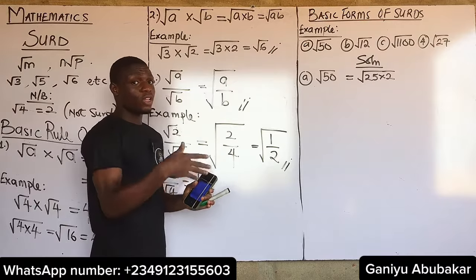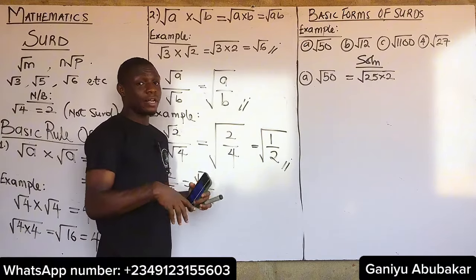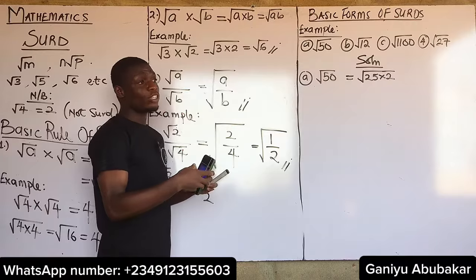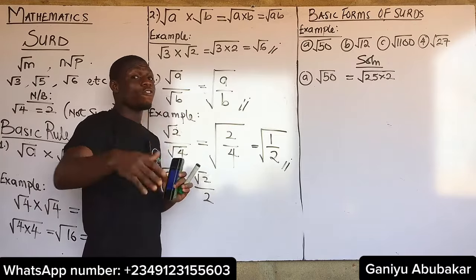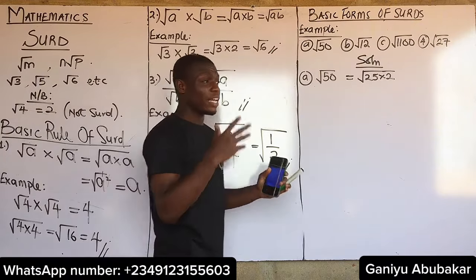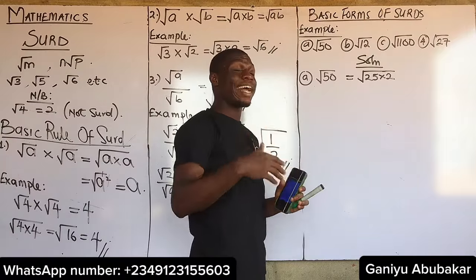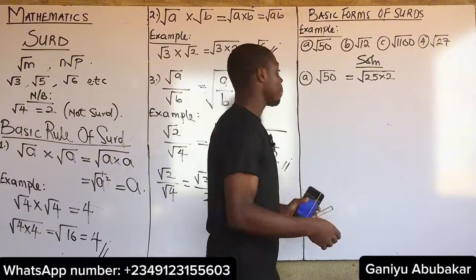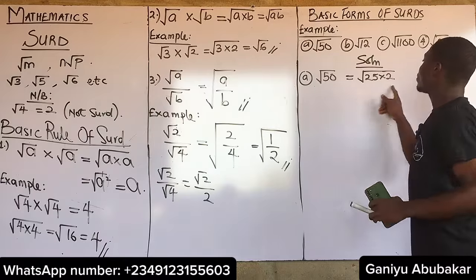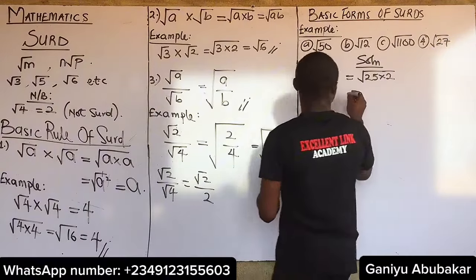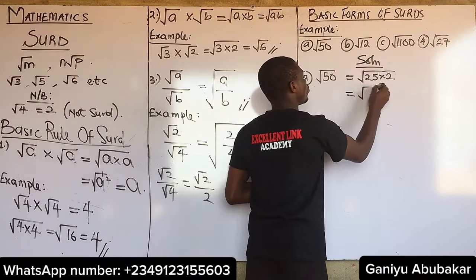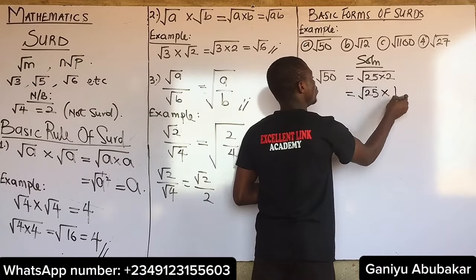Example, root 4, 4 is a perfect square. 16, what is it? 16, perfect square. 144, perfect square. So these are numbers that I refer to as perfect squares. So the idea is that I'll separate these two here. I'll be having root 25 times root 2.